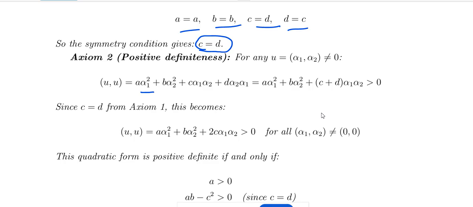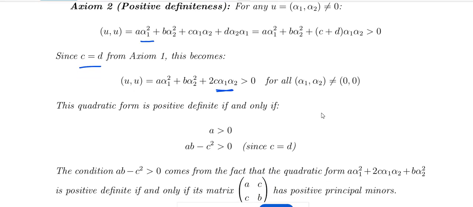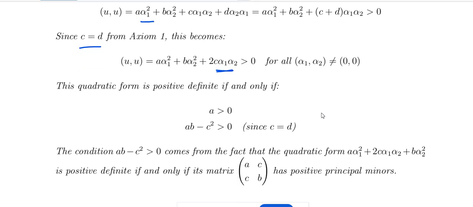So a alpha 1 squared plus b alpha 2 squared plus (c plus d) alpha 1 alpha 2 should be greater than 0. Since c equals d, we can write 2c alpha 1 alpha 2. This is the quadratic form.